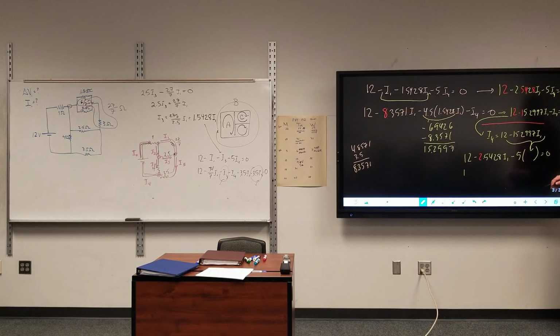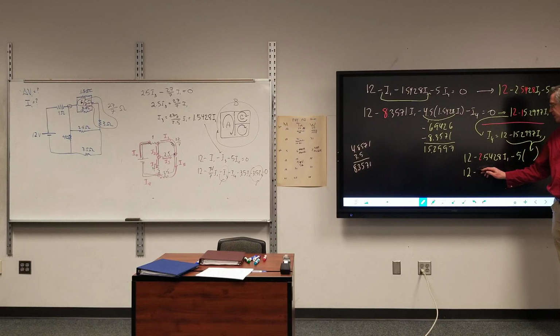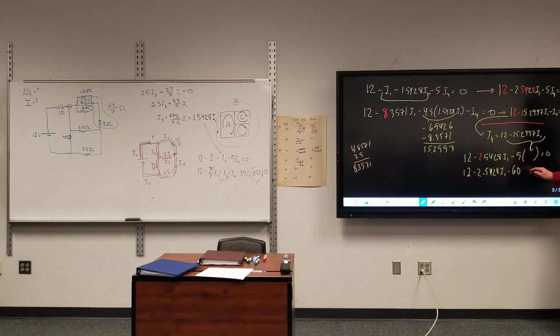Let's not forget we're dealing with equations. 12 minus 2.5428 I1, minus 76 point something, the 5 times this 15.2997, 76.4985.